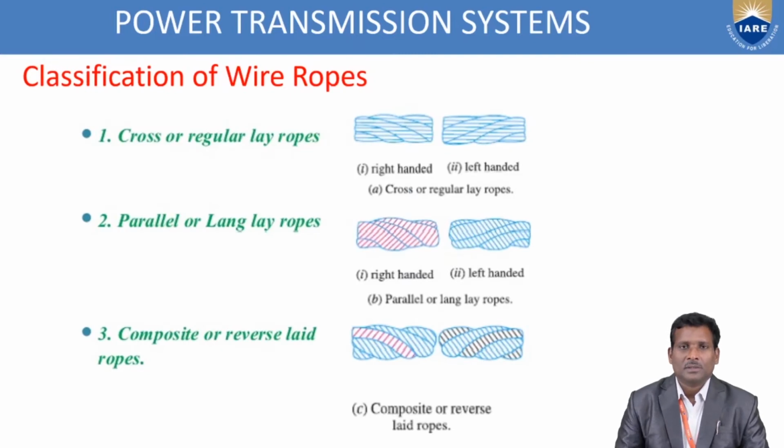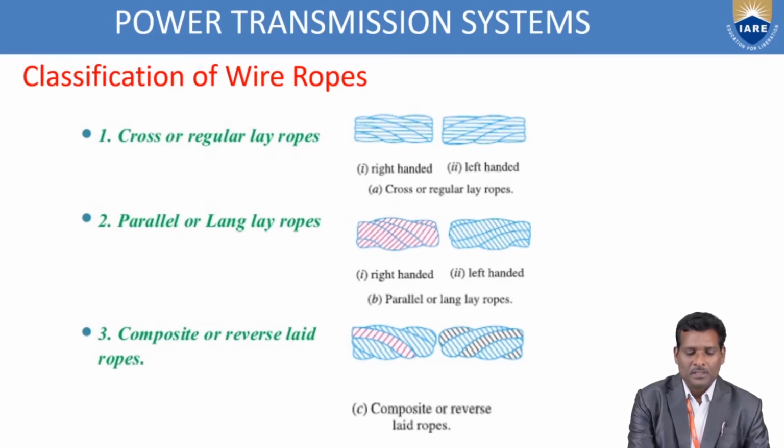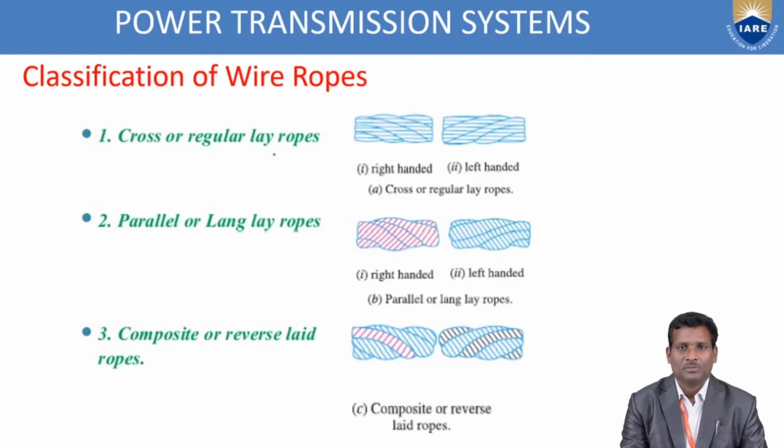Next, the classification of wire ropes according to the direction of twisting. The first one is cross or regular lay rope, which is again classified into right hand and left hand. In this, the wires are twisted in one direction, say right hand direction, and the strand is twisted in the opposite direction.